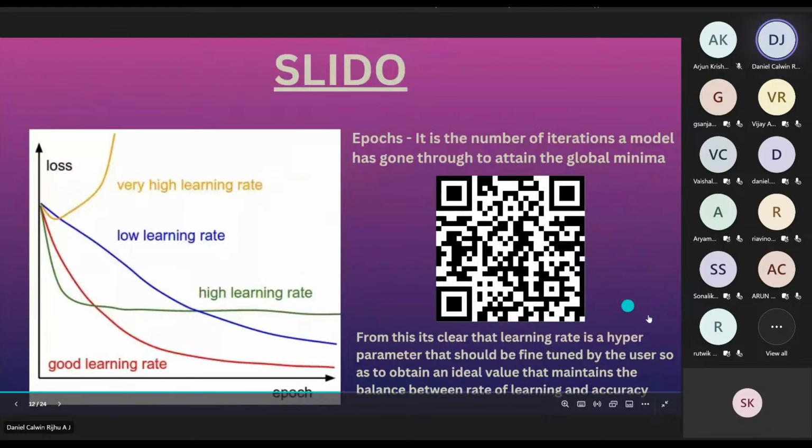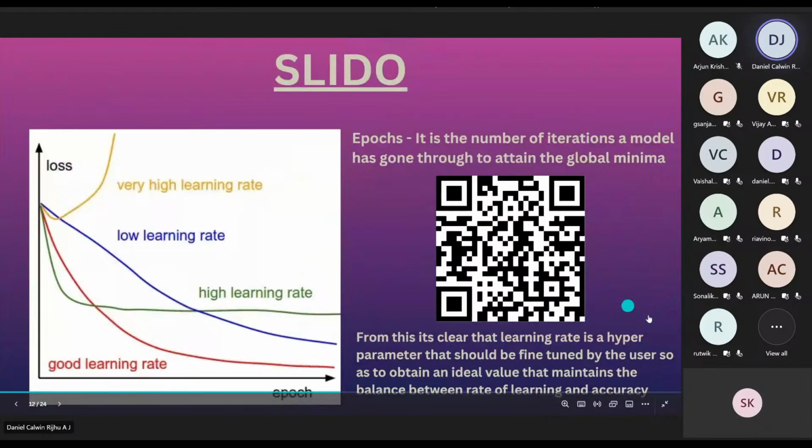So I'll explain. Whenever the learning rate is high, it means that it will be able to traverse the loss function so fast that it will come closer to the minima in a very short time compared to that of a good learning rate model. But as I mentioned earlier, there is also a chance that the model will be oscillating between two extremities whenever the learning rate is high. This is one of those cases, as you guys can see. After a certain point, the loss started stabilizing.